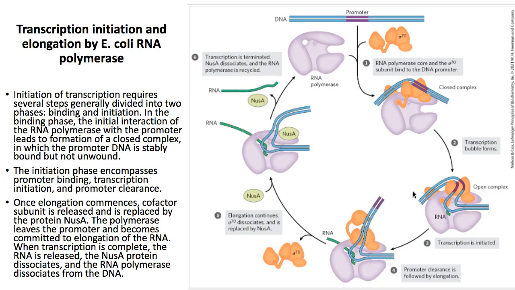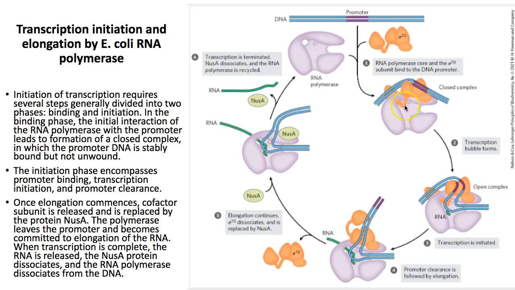Going into more detail for the transcription initiation and elongation by an E. coli RNA polymerase, you have your RNA polymerase, you have a certain code that's a promoter for the generation of RNA, and then you have this cofactor, sigma 70.